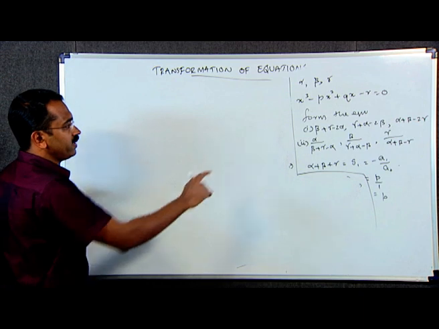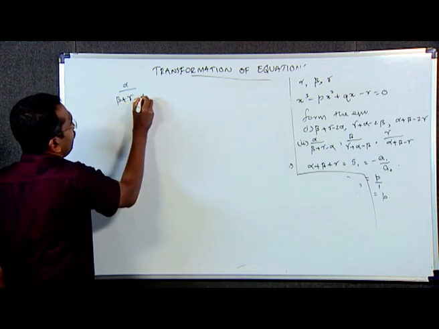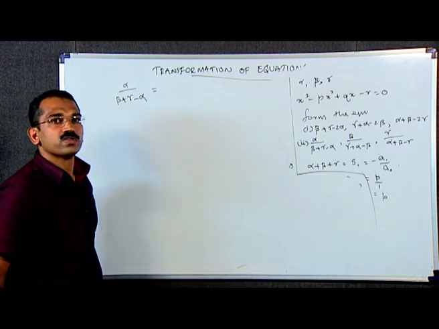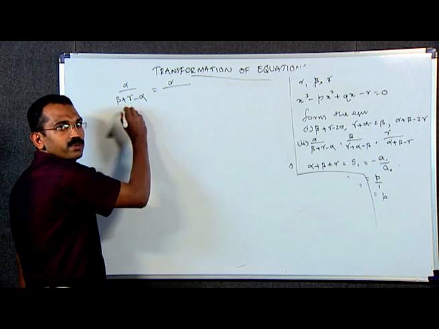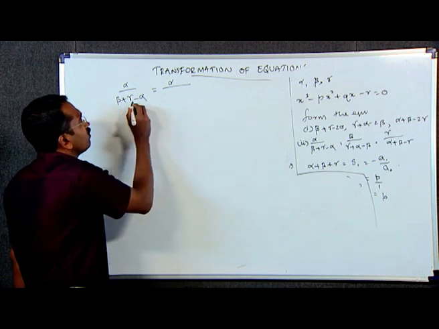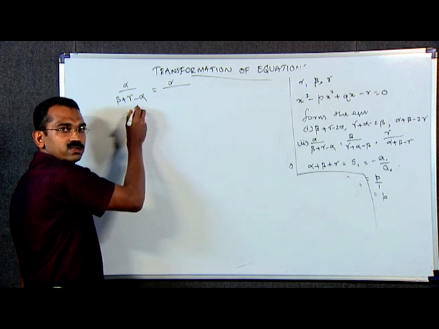Alpha divided by beta plus gamma minus alpha, which can be written as alpha divided by, in the denominator we add alpha and subtract the same.